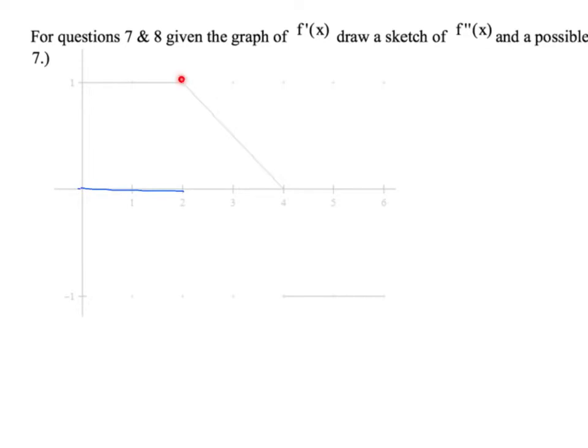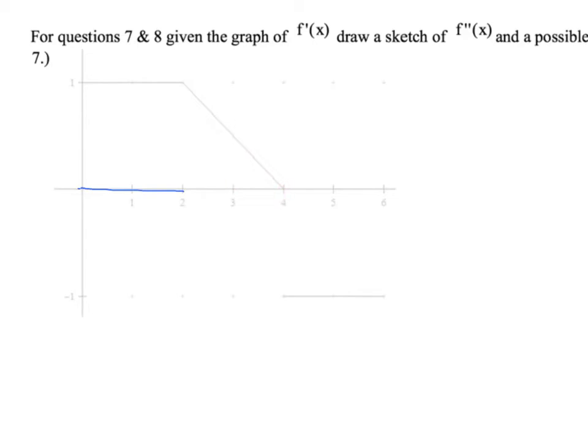On this section, this is a constant change. We started off at the point (2, 1), and we went to the point (4, 0). So the second derivative on this interval is going to be down 1 over 1, 2.